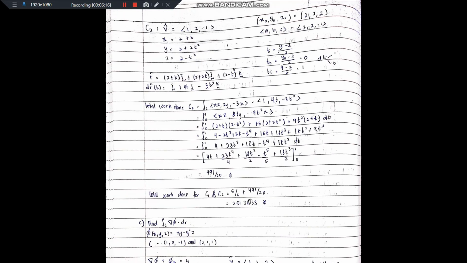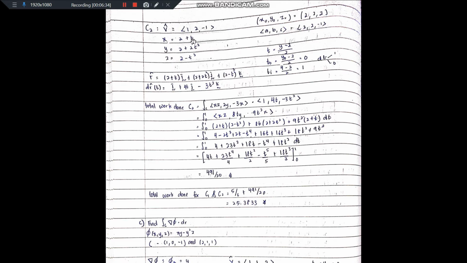Then for line segment 2, it is also the same. We have to find the direction, which is subtracting point 1 from point 2, and then we get the direction (1, 2, -1). Then x, y, z is already given from the question, which is the curve.